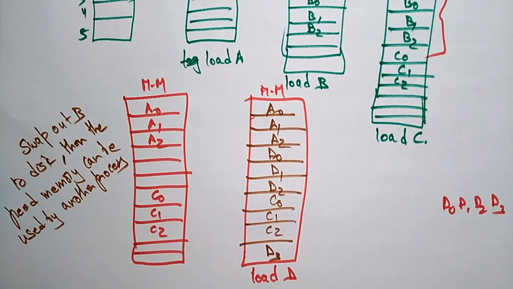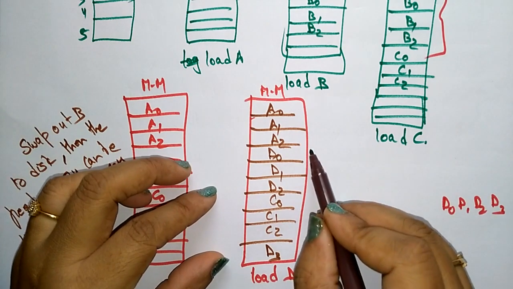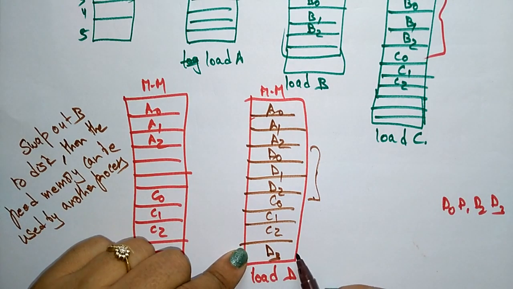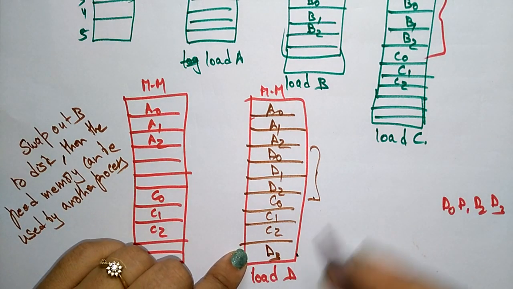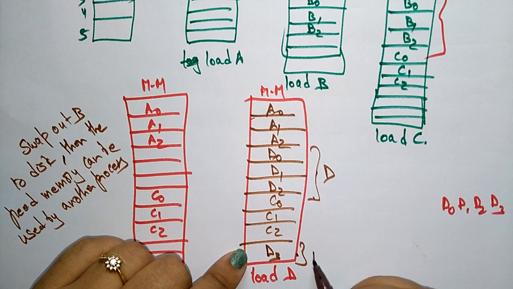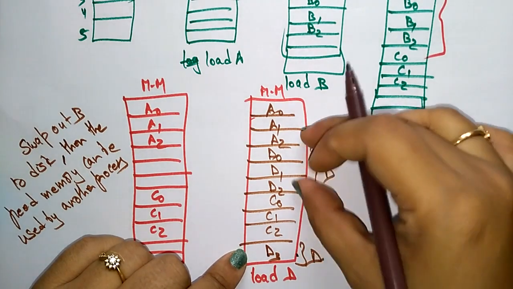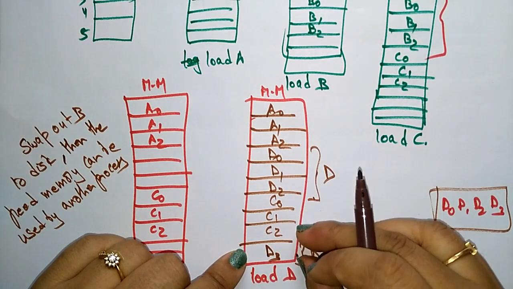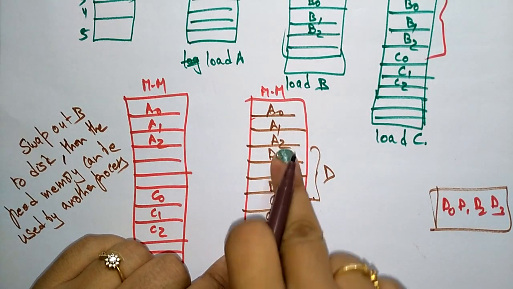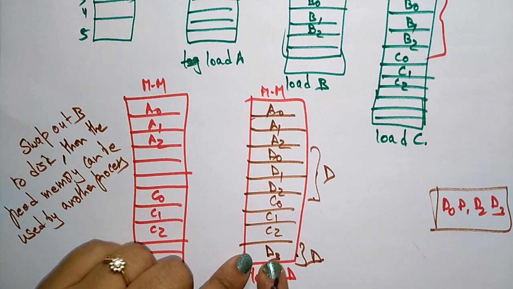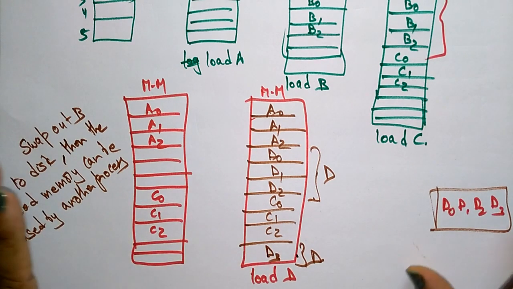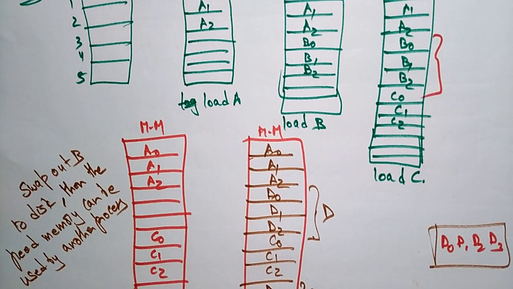So if you divide the main memory into frames, then whenever a process is not fitting in one place, you can split that process and store it in another frame. I divided this complete process into 2 partitions: 3 frames occupy the first location, and the remaining frame occupies the next location. So this is the concept of paging and framing.